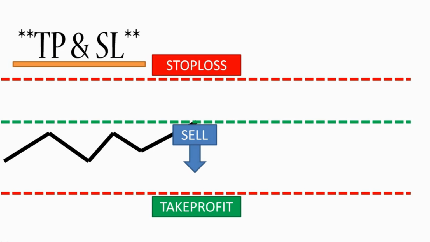Sometimes when the market volatility is very, very high, for example during market news, your broker may not be able to execute your stop loss. It is a very rare condition, but it sometimes happens when there's basically no price, no takers at your stop loss level or take profit level.